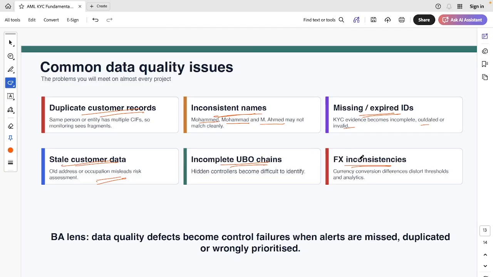If the currency conversion is inconsistent, threshold monitoring and analytics can become distorted. So data quality defects become control failures when alerts are missed, duplicated, or wrongly prioritized. In AML KYC projects, data quality is not just a technical issue; it's a compliance control issue.